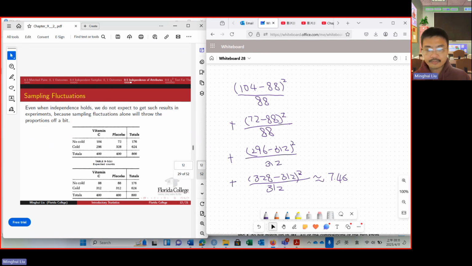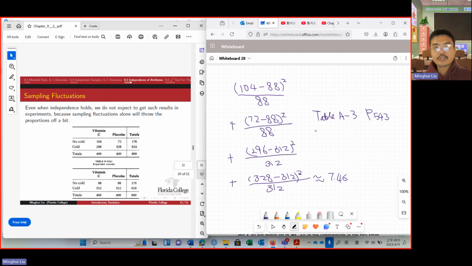It's actually 543. So look at table A-3. So here's table A-3 on page 543 of your book.